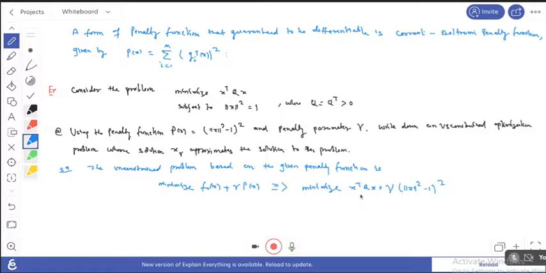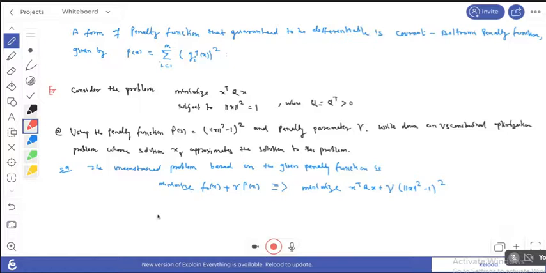Okay, so if you want to find the optimal solution of that problem, now if we try to solve it here, your problem is complete.